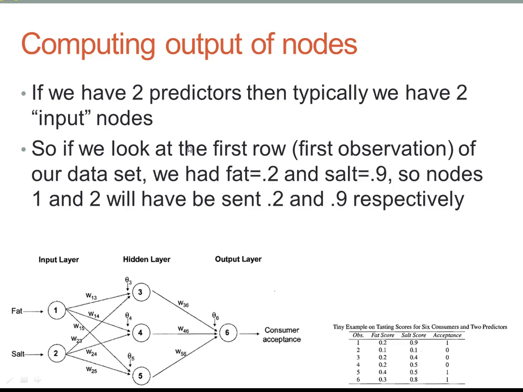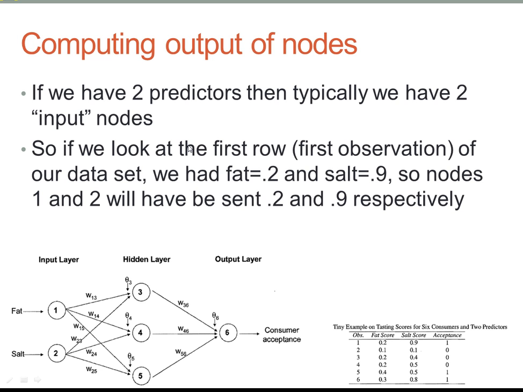So what's going to happen is we're going to put some values in here. For example, what was the first cheese? What was its fat and salt score? Can you see that down at the bottom? What was the fat score? 0.2, and the salt score was 0.9, right? So 0.2 goes in here, and 0.9 goes in there.